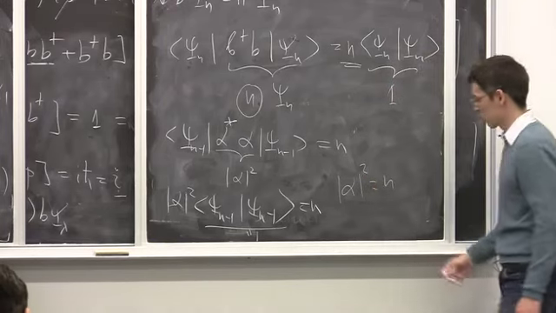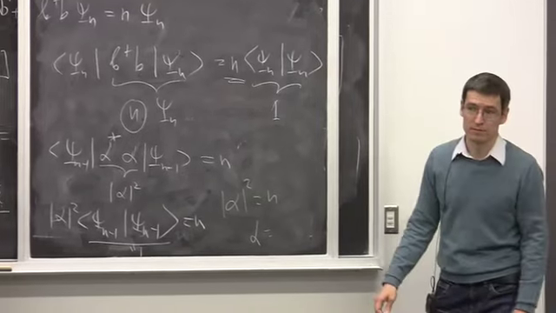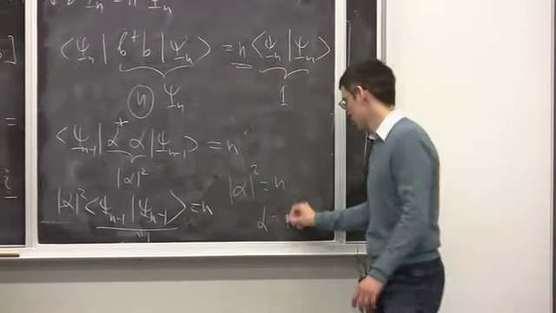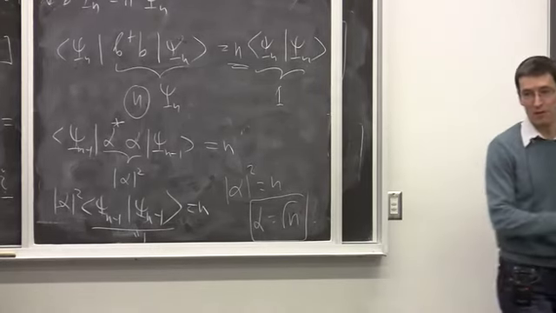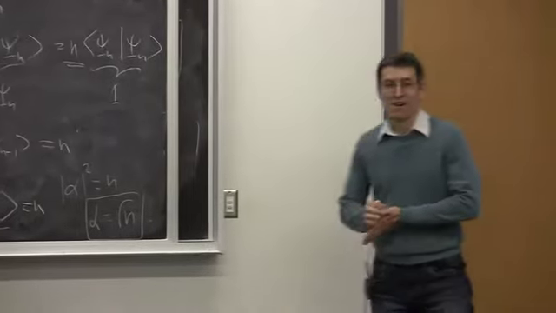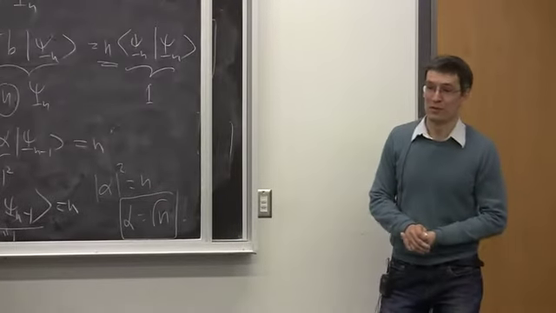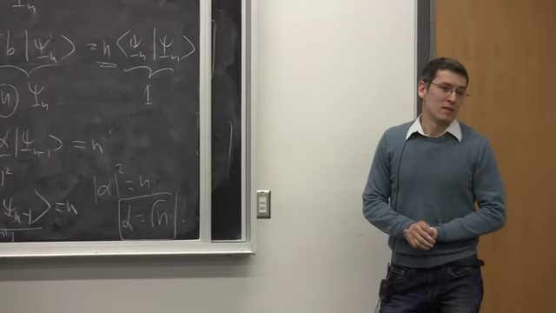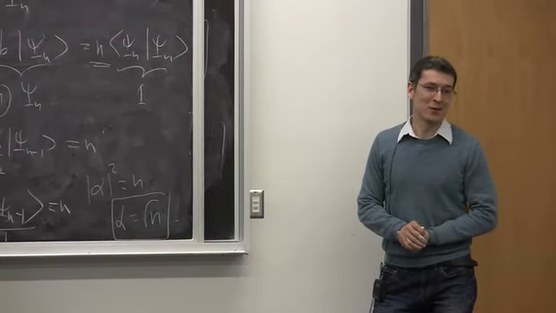What's the solution of this equation? Square root of n, right? Is this the only solution? How many solutions does this equation have? 2. Who thinks 2? Who can give more?